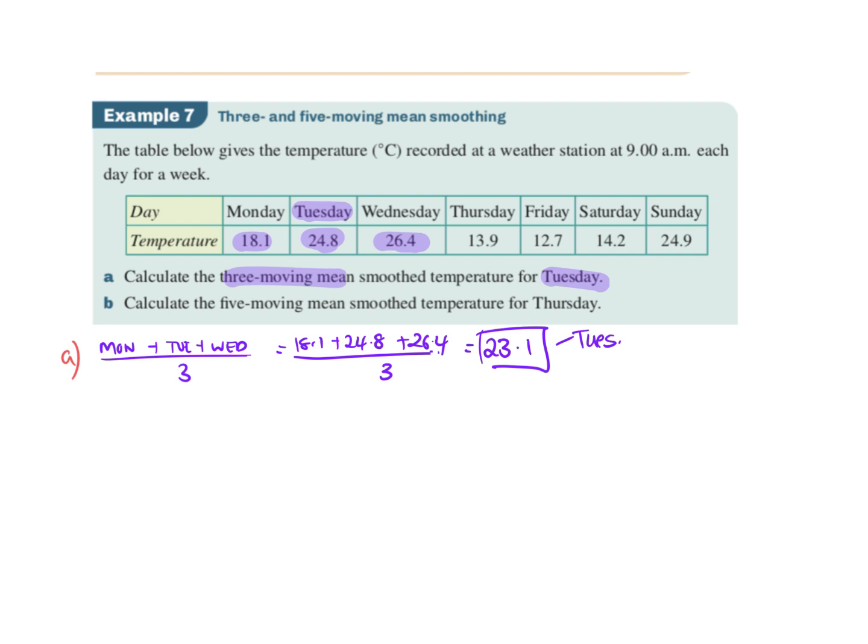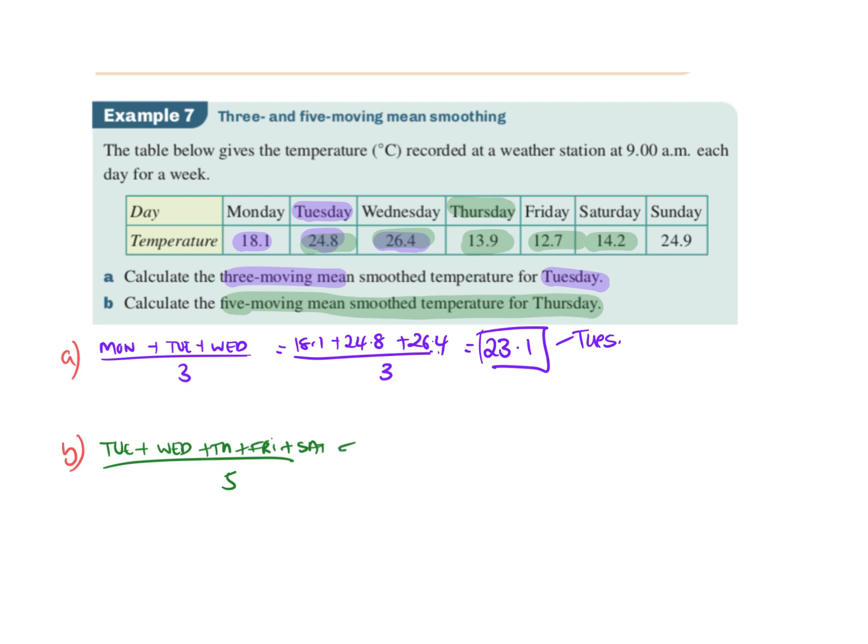In the next question, B, it asks for 5 mean smoothing for Thursday. So I go to Thursday and I pick Thursday. Now I want 5 numbers around Thursday, so I'm going to pick 2 before it and 2 after it. For 5 mean, I'm going to have Tuesday plus Wednesday plus Thursday plus Friday plus Saturday, and then I would divide by 5.